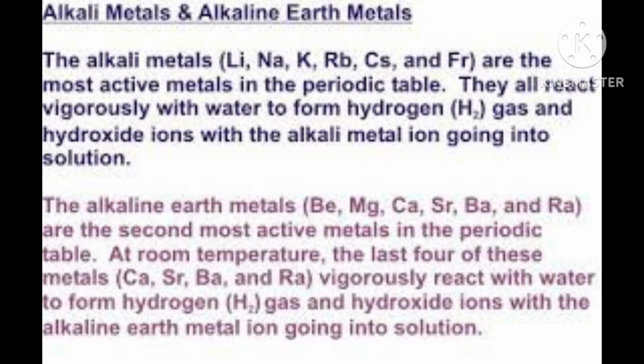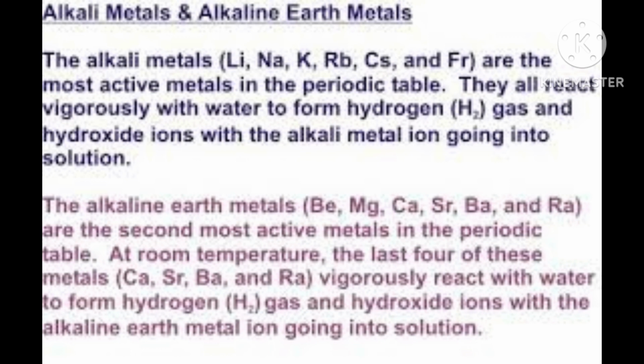Now electronic configuration of beryllium. Beryllium has symbol Be. Magnesium has symbol Mg. Calcium Ca. Strontium Sr. Barium Ba. Radium Ra.